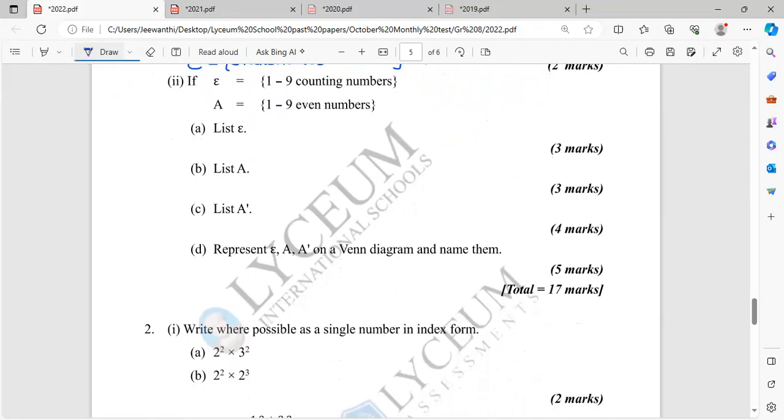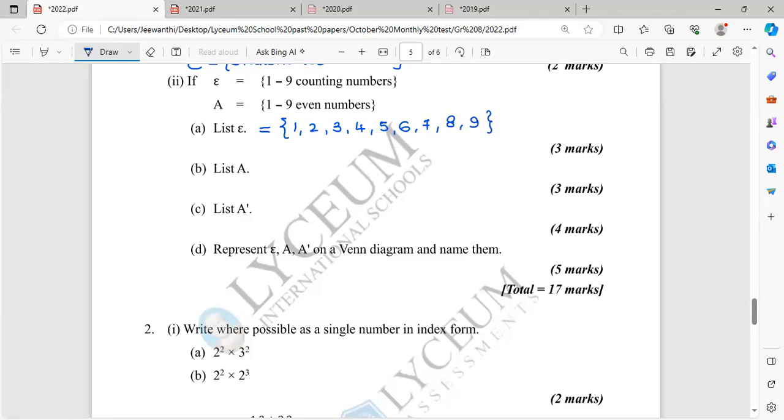Now, how you list the elements: you put the equals sign, open the curly bracket, then you write 1, 2, 3, 4, 5, 6, 7, 8, and 9, and close the curly bracket.